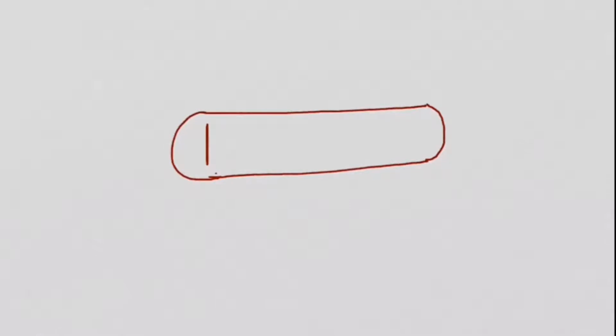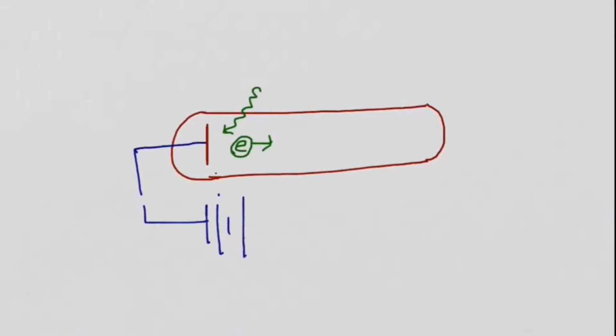You know, the photosensitive plate is one when light of a particular frequency is incident on it, the electrons get ejected.